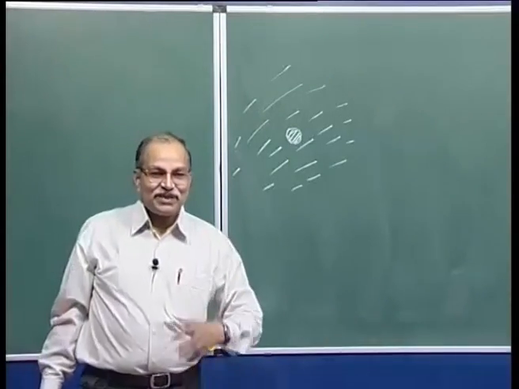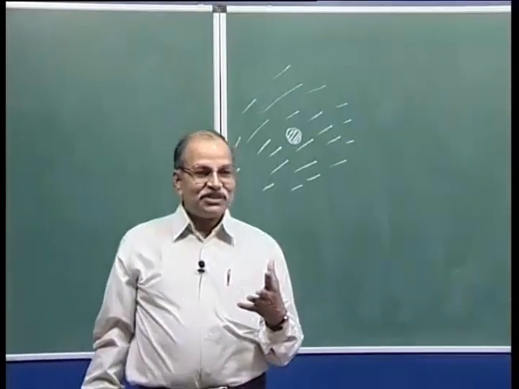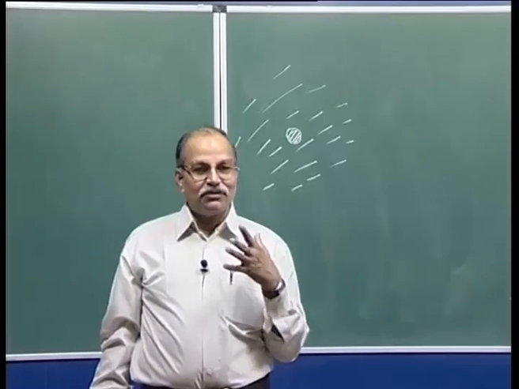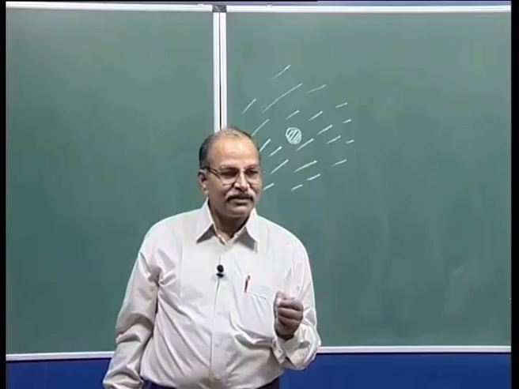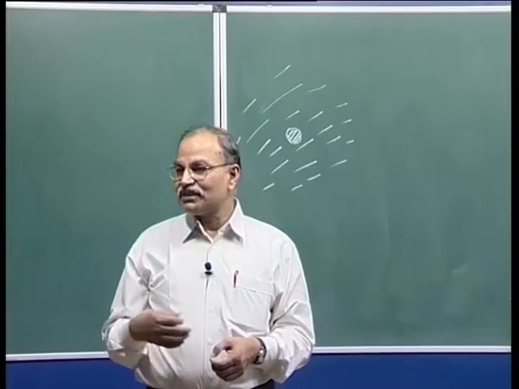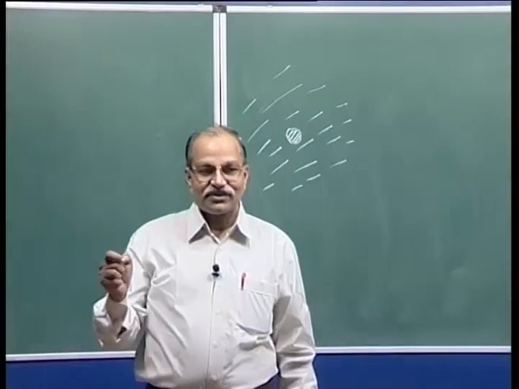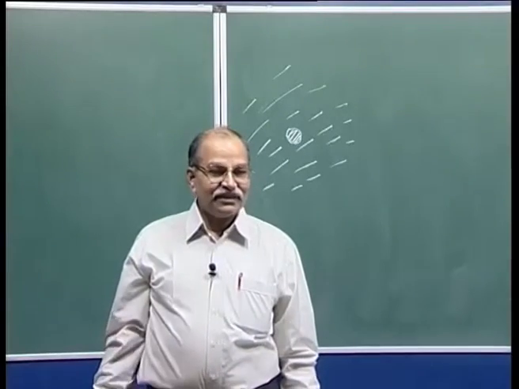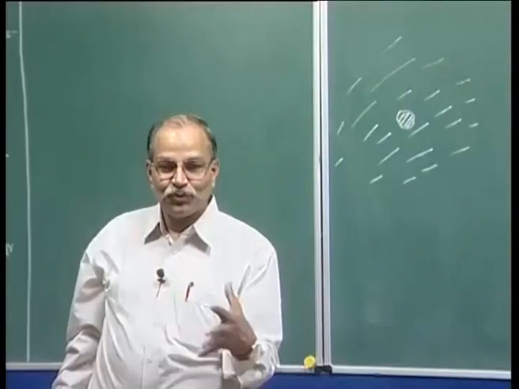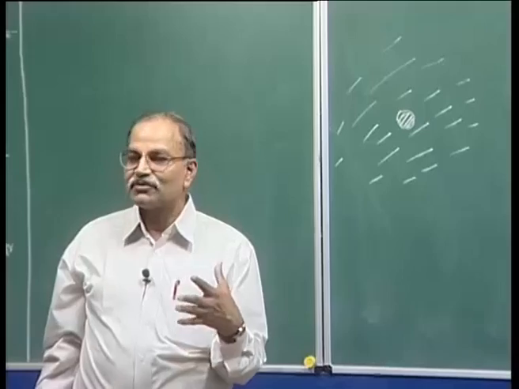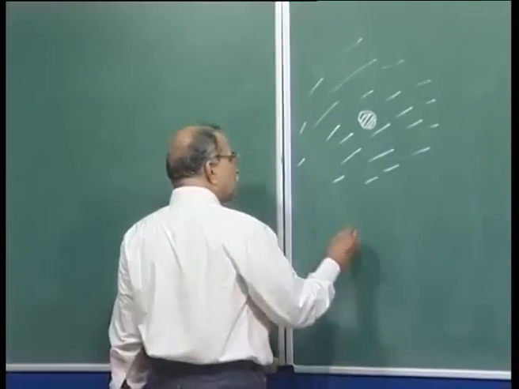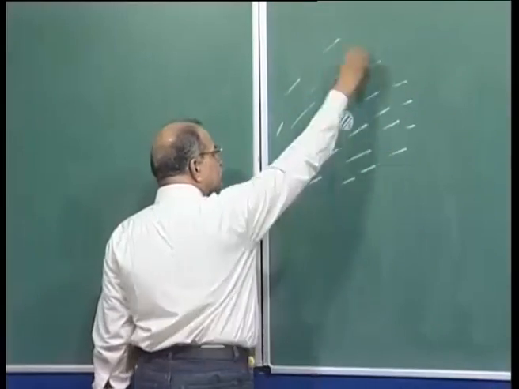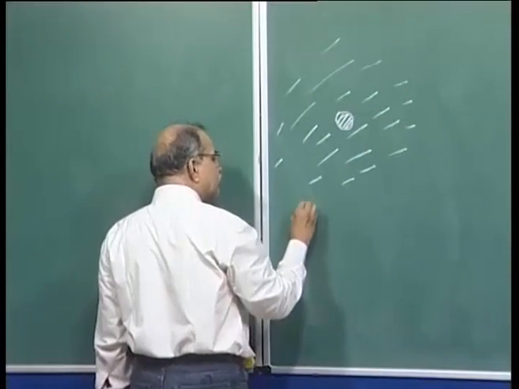Bohr's circular orbit gave a very good explanation of those hydrogen spectral lines, but once the sensitivity of apparatus increased and the fine structure of hydrogen was found, one had to do a better modeling in terms of quantum mechanics. So, how do you get the energy of this atom? Let us say for hydrogen atom.